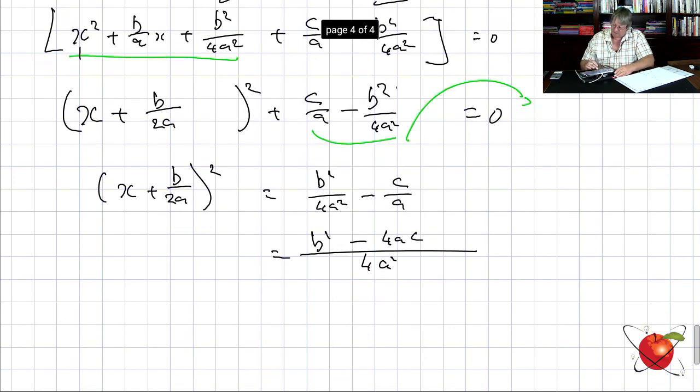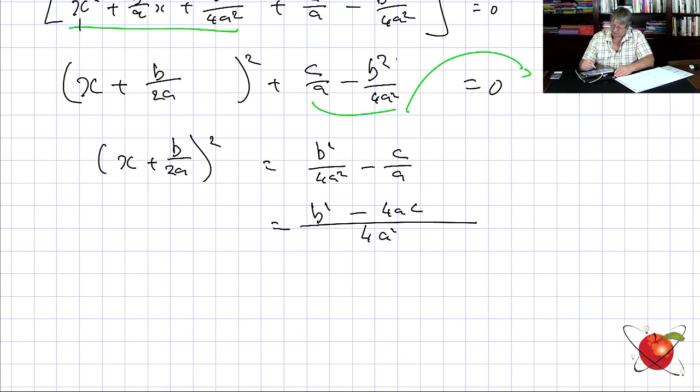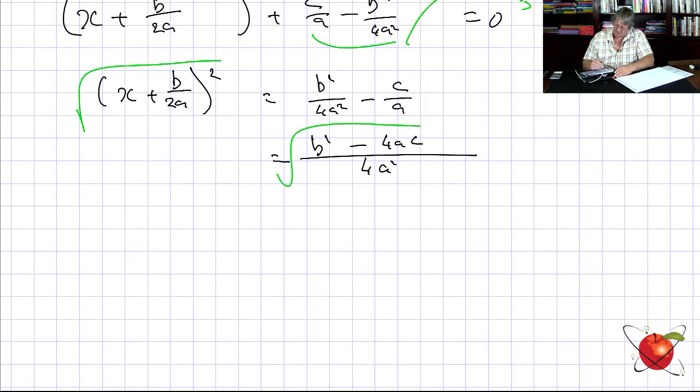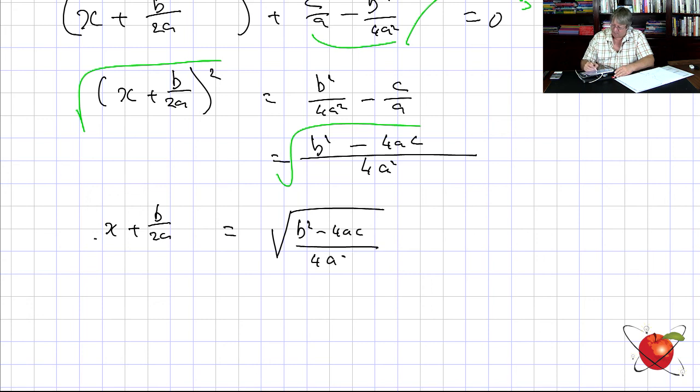The next step is we take the square root, remember? We take the square root of both sides. This looks very complicated. It's not. It's following the same recipe. So we've got x plus b over 2a, and I can now remove those brackets. x plus b over 2a is equal to the square root of b squared minus 4ac over 4a squared.